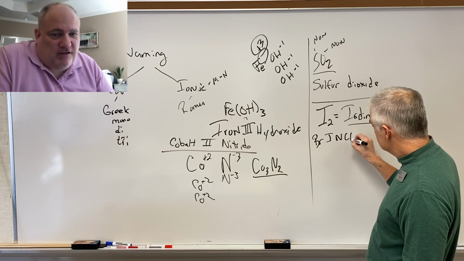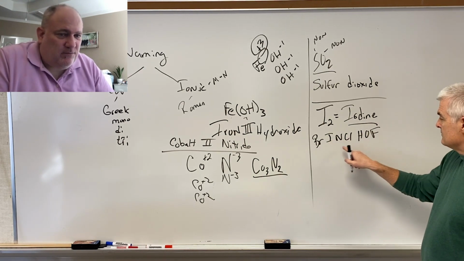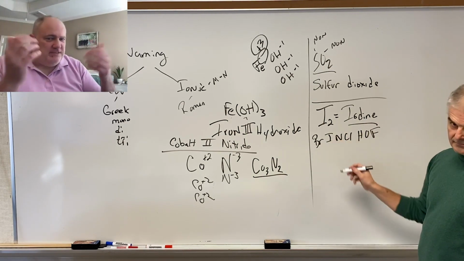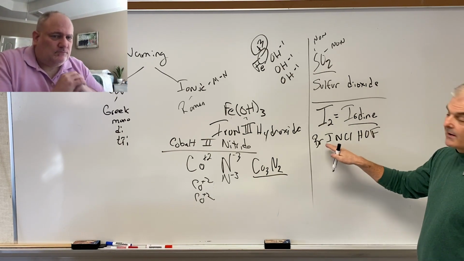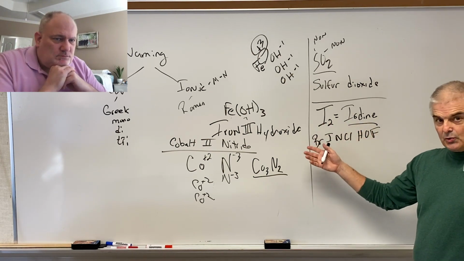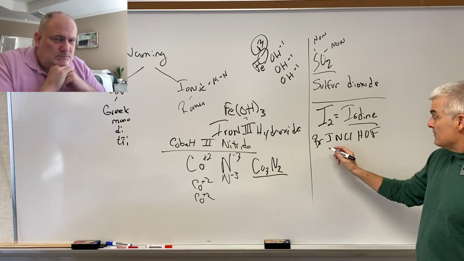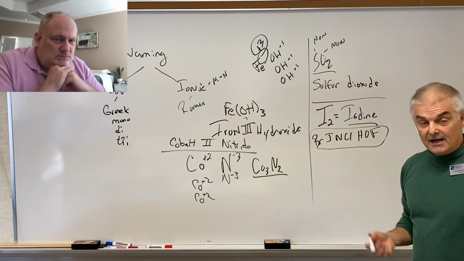So Brinclhof, B-r-I-n-C-l-H-O-F, all of them, when they're by themselves in nature, they exist as pairs, and it's because it makes them more stable. Right. So if you ever have to write down the formula of an element that has a 2 in it, it's probably just the name of that element. But remember, that only applies to the Brinclhofs, and the I is the I in Brinclhof.